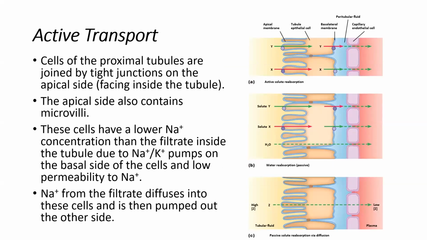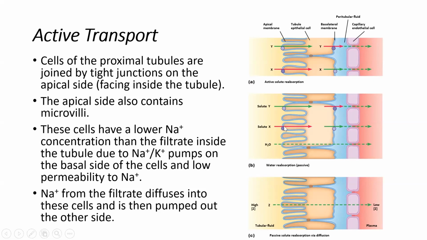Alrighty, so let's speak about how the cells of the proximal convoluted tubule are adjoined. So we've got the apical side of this structure facing the lumen of the tubule. So this is the apical membrane. We've got the basolateral membrane facing the peritubular space. And we've got different pumps set up on the apical membrane and the basolateral membrane that are going to help create this gradient.